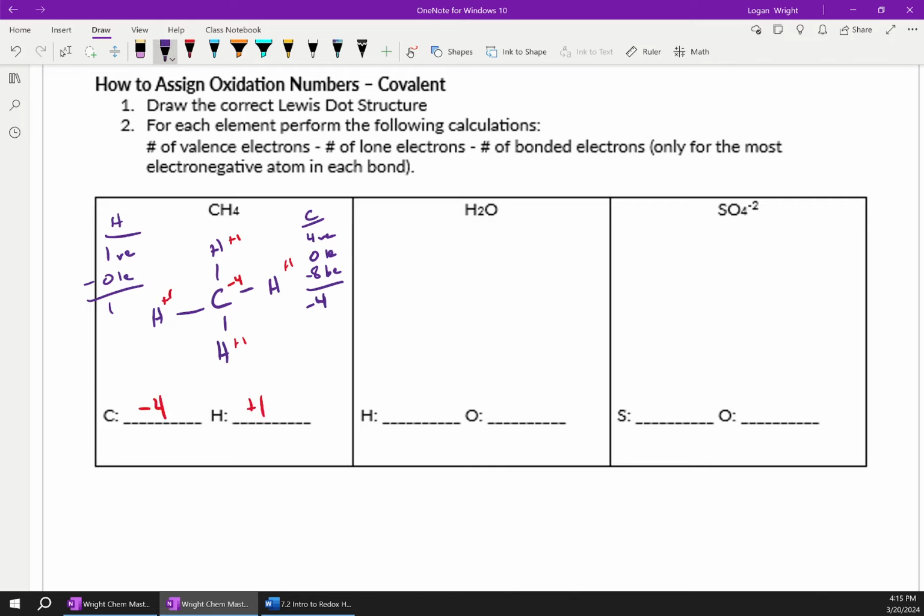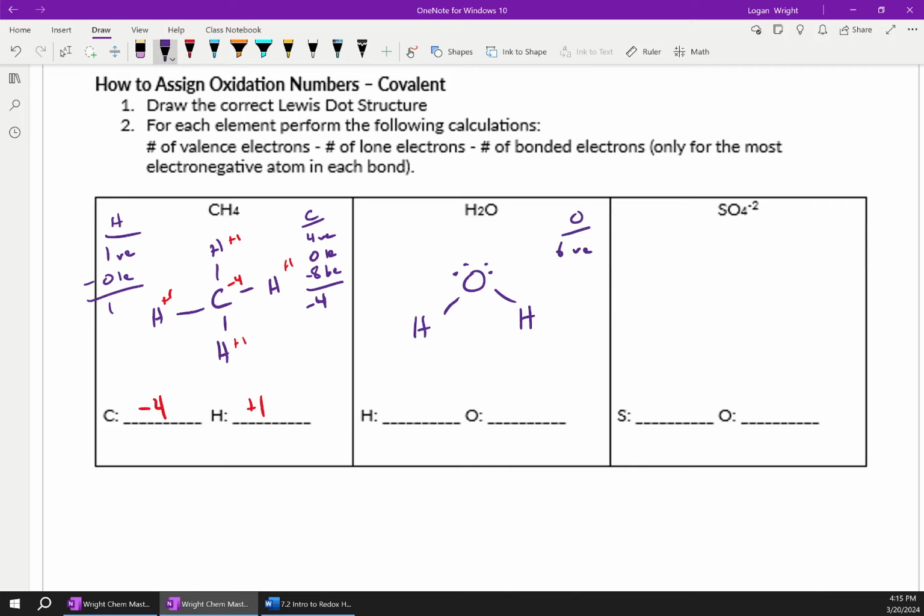If we do H2O, we've drawn this a bunch of times, so we can just do this. Again, this is not formal charges. Formal charges, I would do 6 minus 1, 2, 3, 4, 5, 6 to get 0, 0, 0. That is how we look at formal charges. We actually need to be looking at oxidation numbers, which is a different technique. So my oxygen has 6 valence electrons.